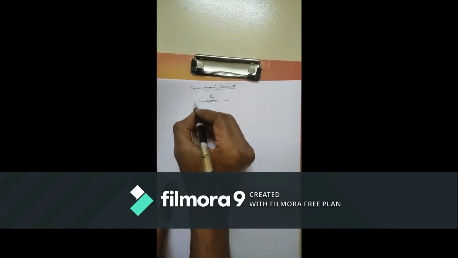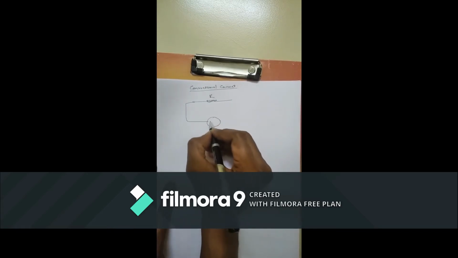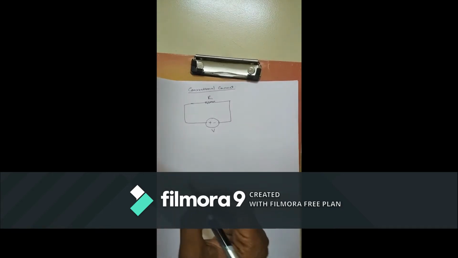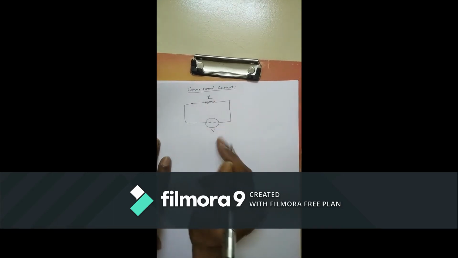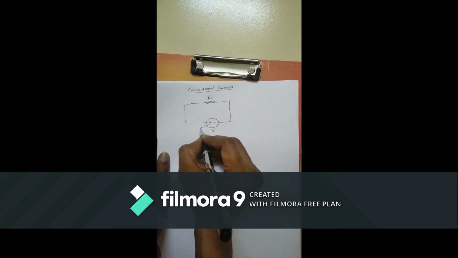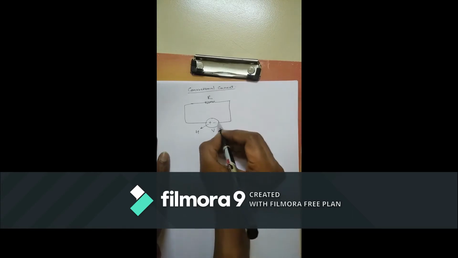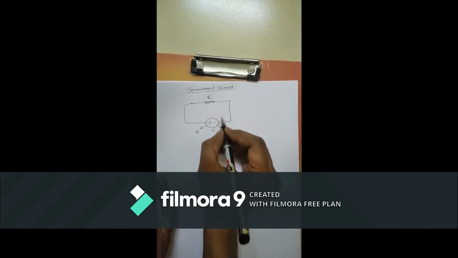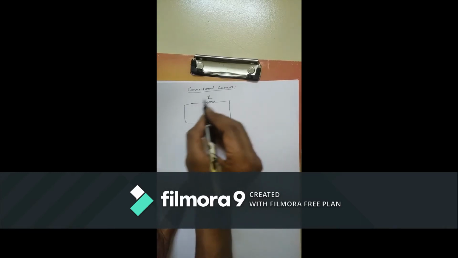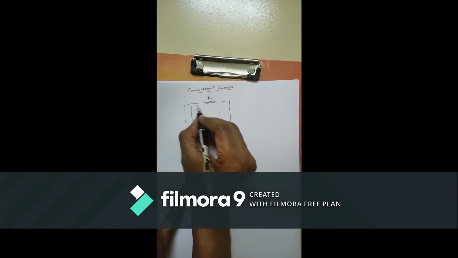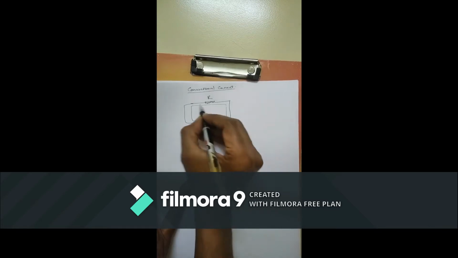We'll take a single resistance R, to which I have applied voltage V. For this electrical network, I will assume this positive terminal is at higher potential and this negative terminal is at lower potential, and current flows from higher potential to lower potential. In this case, the current is flowing from the positive terminal of the battery to the negative terminal of the battery.